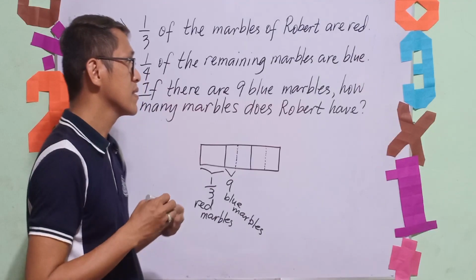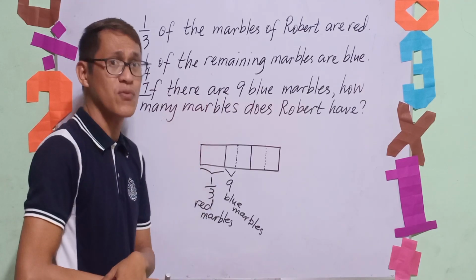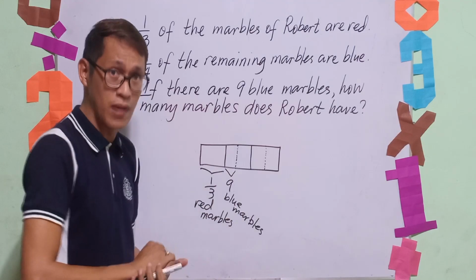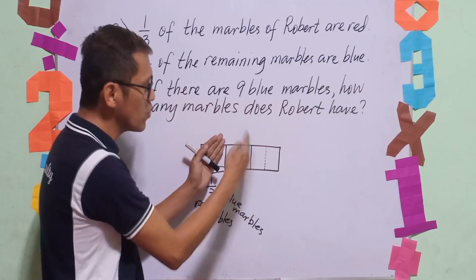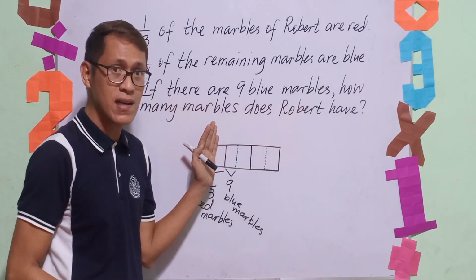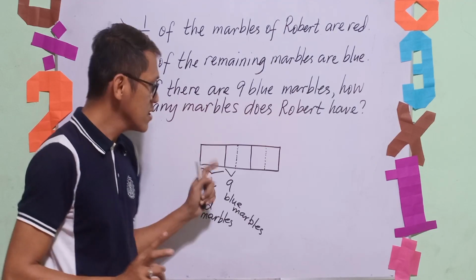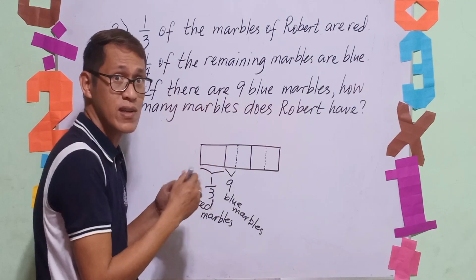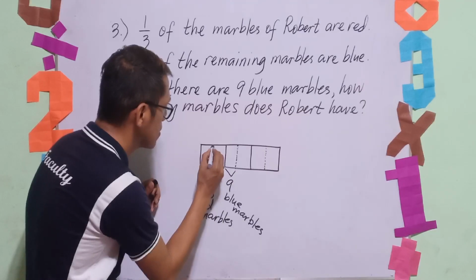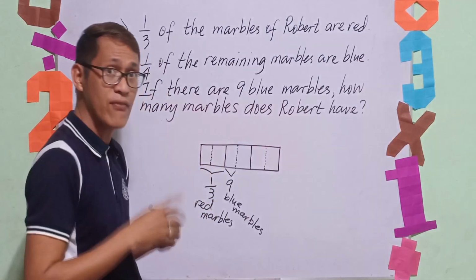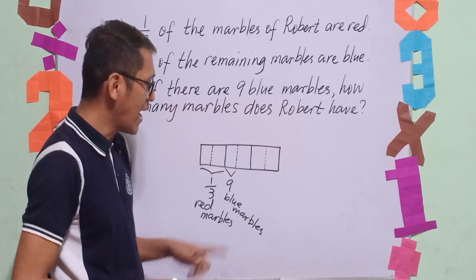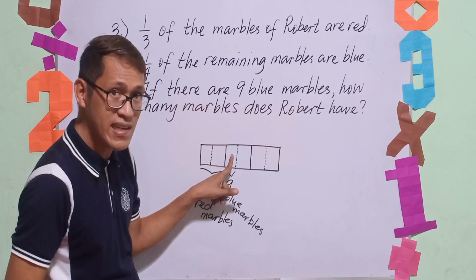There. So how many marbles does Robert have? A while ago, we had 3 equal blocks, right? Then we divide each block into 2 equal parts. So here you have now 1, 2, 3, 4, 5, 6 equal parts. And we know one part here is 9.